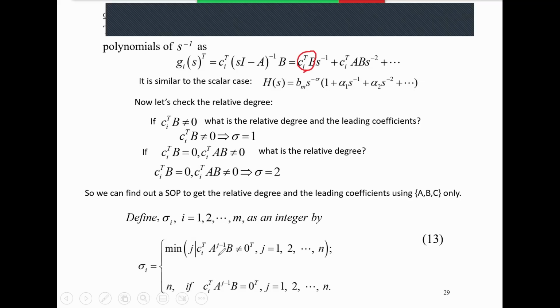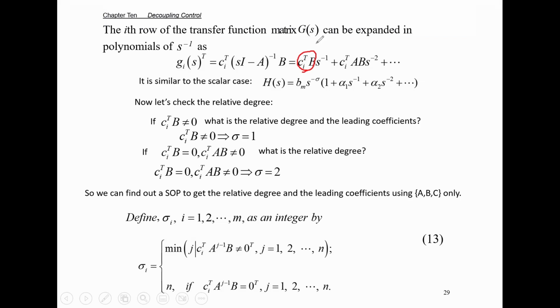You look at those coefficients one by one, from the first one. If this is 0, you check the next one, until the non-zero term appears.